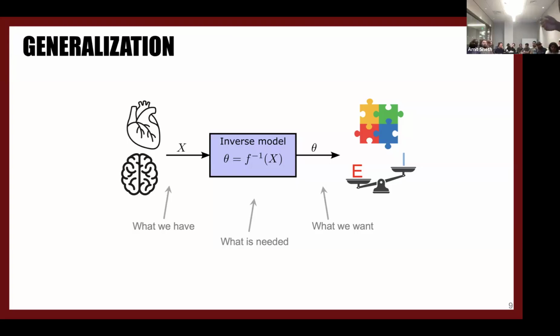So if I change theta, that will cause a change in observation. That would be the causal direction. That would be my forward model. Here I have an inverse model because I start from the output, the causal result, and I try to infer the cause, if you want.